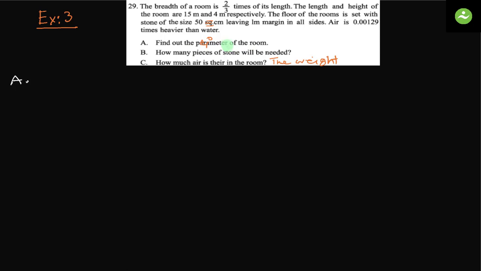Find the perimeter of the room, where breadth is 2/3 times of its length. Length equals 15 meter. Breadth equals 2/3 of length, which is 10 meter.